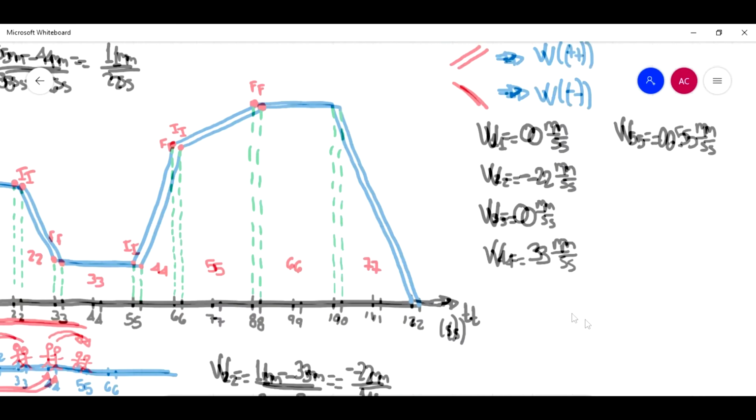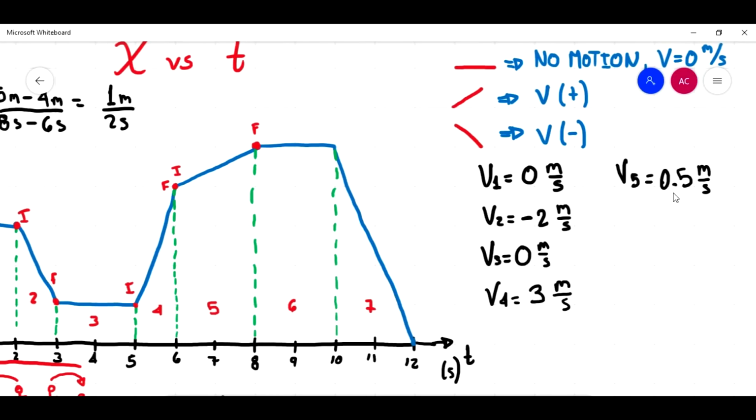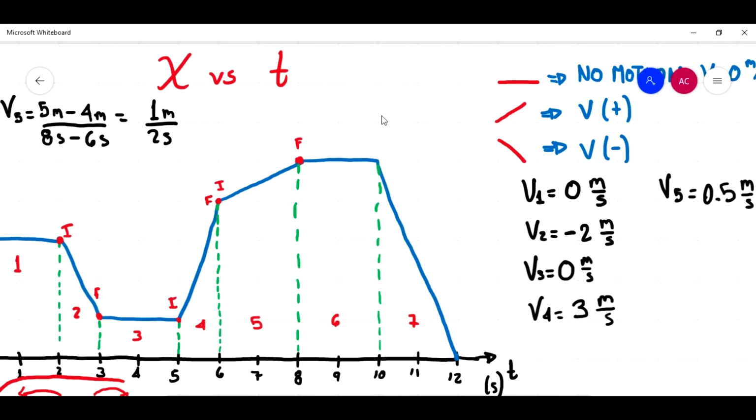If you want to say, for example, in 1 second, in segment number 4, this person traveled 3 meters. That's what it means. In segment number 5, in 1 second, this person traveled 0.5 meters.